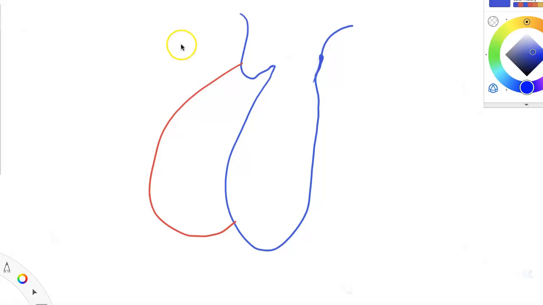All right, so let's talk more specifically about the posterior pituitary. So I've already put the little drawing on here of the posterior pituitary. Again, this red part is the anterior pituitary. This is the posterior pituitary. This is hypothalamus.